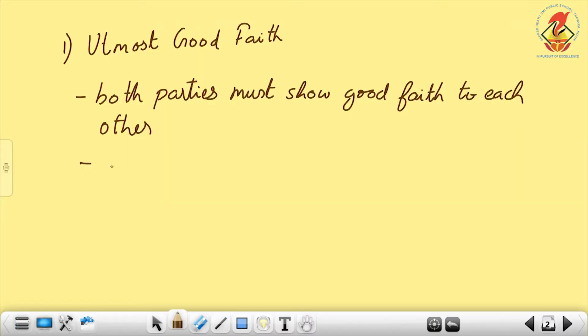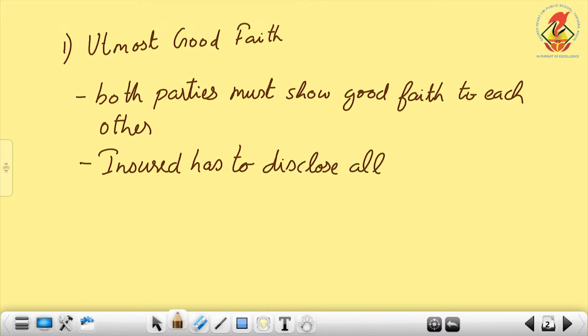How does the insured have to show good faith? The insured has to disclose all the known aspects about the subject matter.